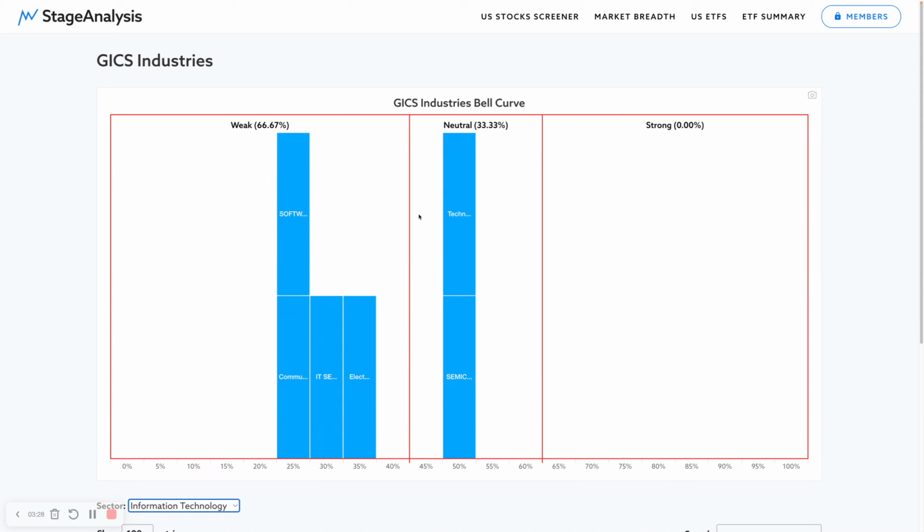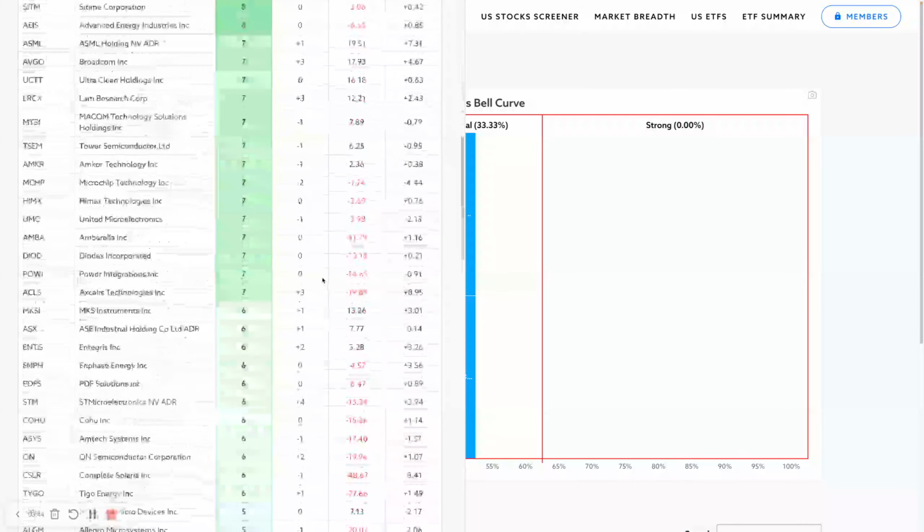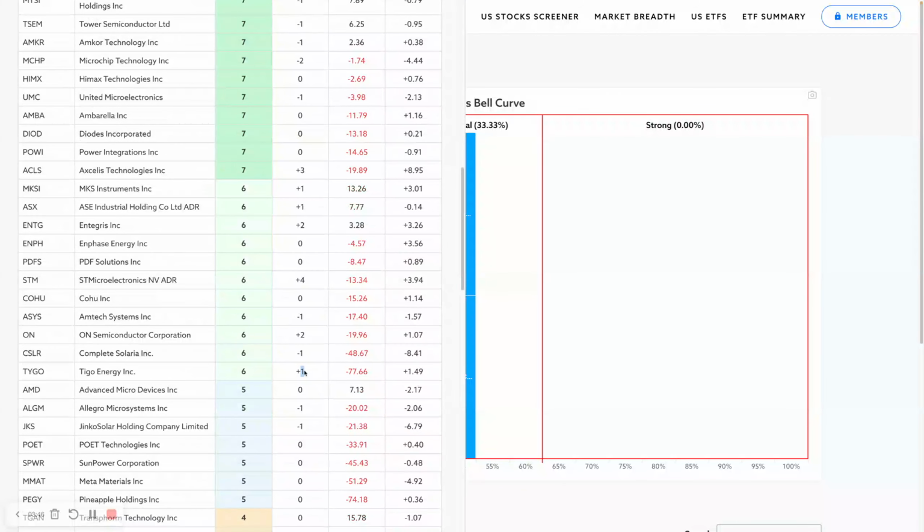So technology at the moment, you've got 66.67% of the technology industries in the weak zone, 33.33 in the neutral and 0 in the strong. You can see semiconductors in uppercase has moved up 1 this week. If you click on that, you can see there'll be a few stocks here, so +1, +2, +4, +2, +1. These have moved to a 6 or above this week.